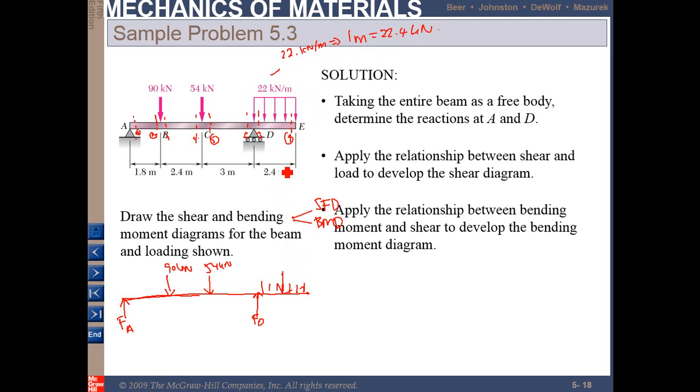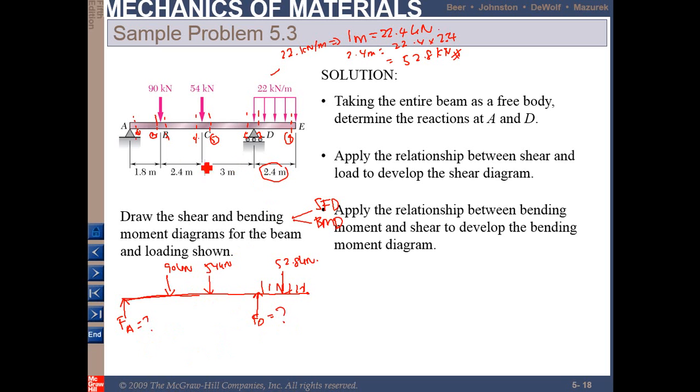But because it has 2.4 meter, it is 22 times 2.4, which is equal to 52.8 kilonewton. Okay, so this is actually 52.8 kilonewton. But we don't know what FA is and we don't know what FD is. So you have to find this.